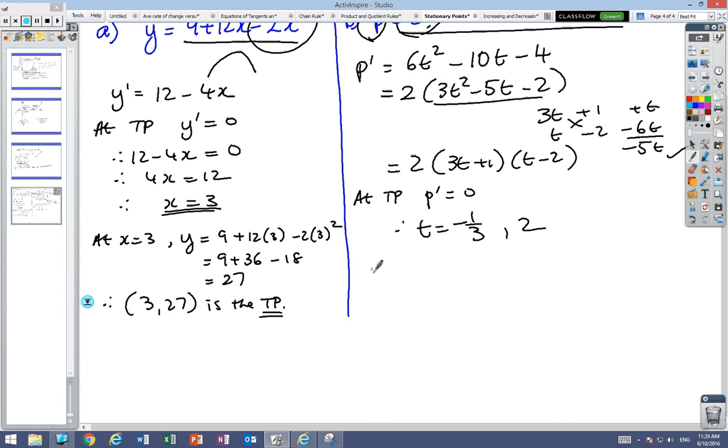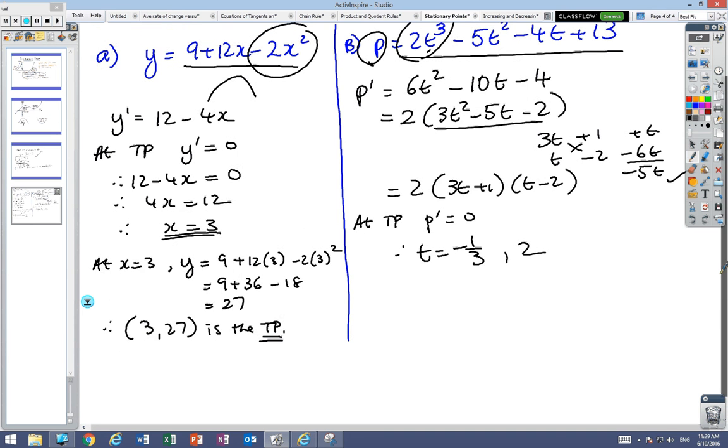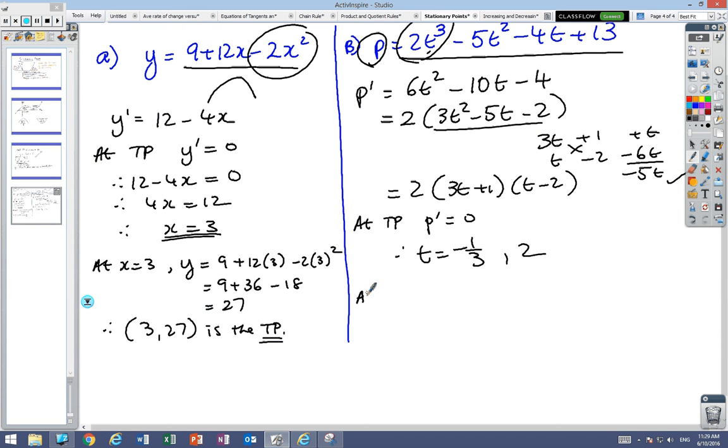So I need to see what the function was again. At t equals minus 1/3, p equals 2 times minus 1/3 cubed minus 5 times minus 1/3 squared minus 4 times minus 1/3 plus 13.